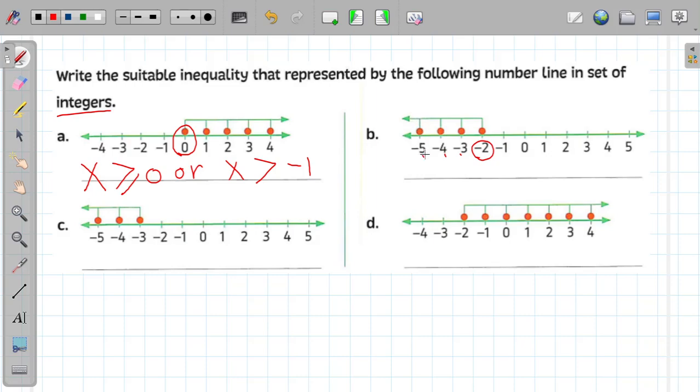So I am decreasing. So I will use the sign of less than or equal because I'm starting with -2. So I will say that x is less than or equal -2 because I'm starting with -2 and decreasing.